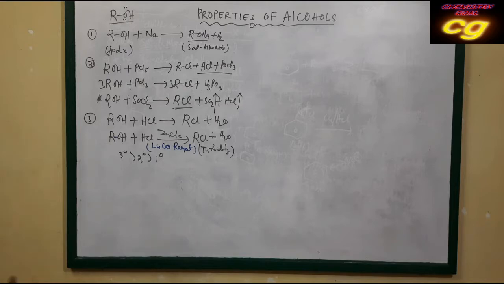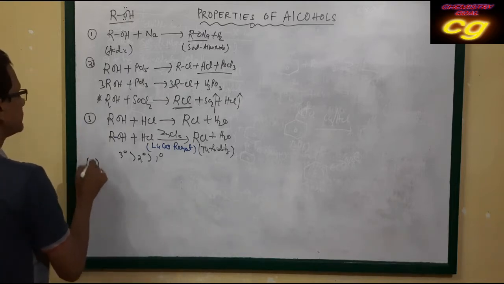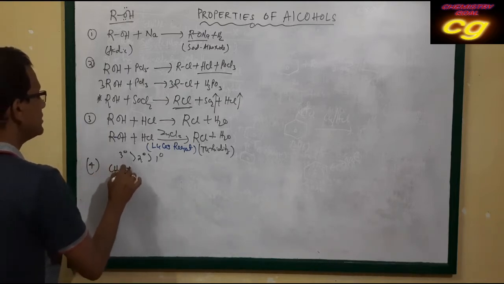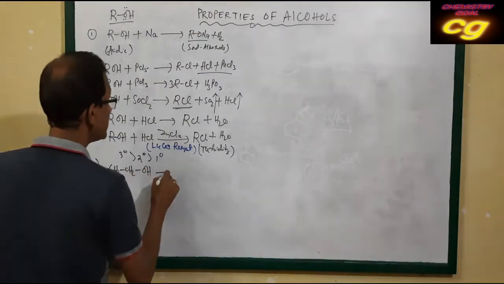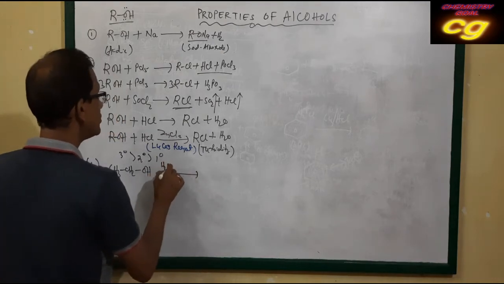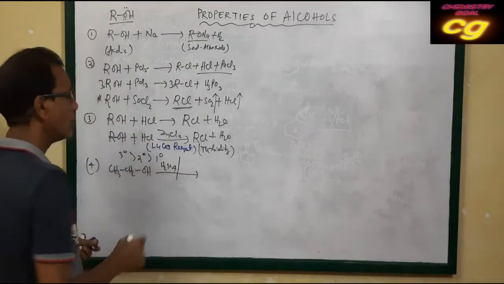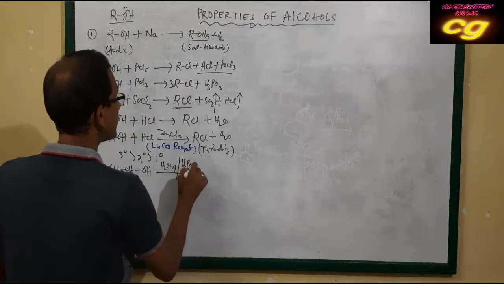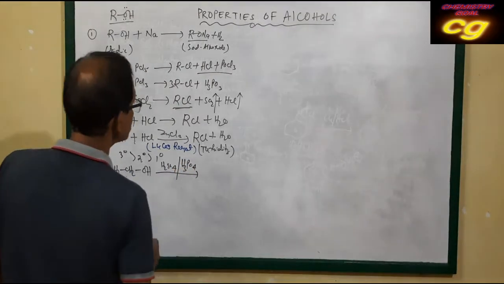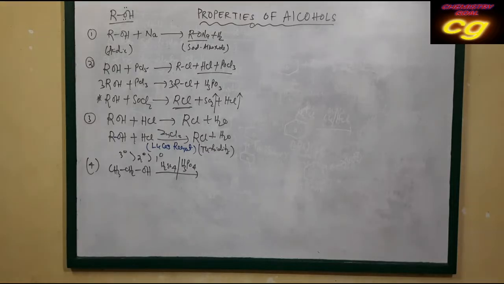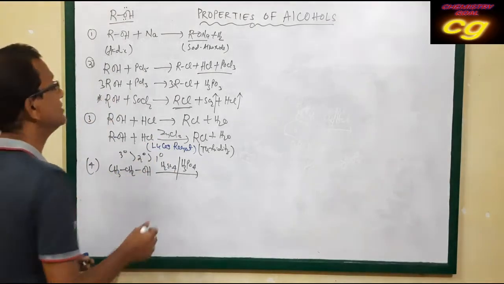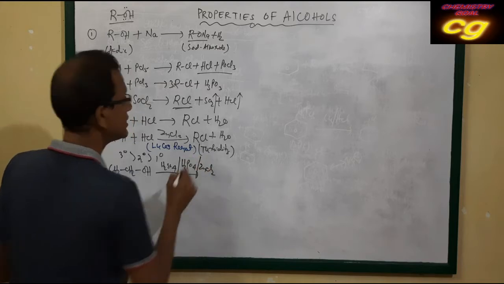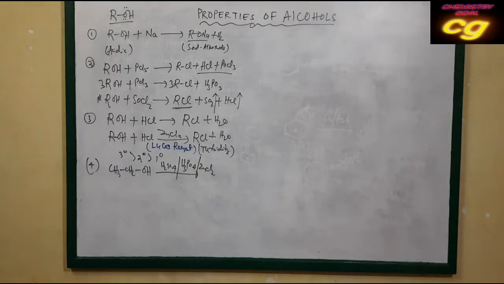Alcohol can also undergo dehydration. If you take CH3CH2OH, an alcohol having two carbons, it undergoes dehydration in the presence of concentrated sulfuric acid or concentrated phosphoric acid as dehydrating agents.